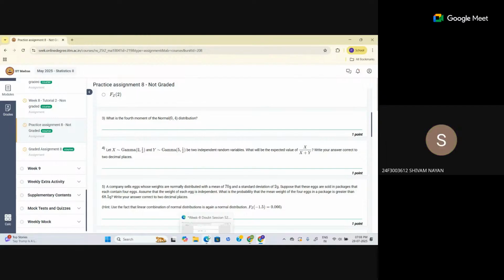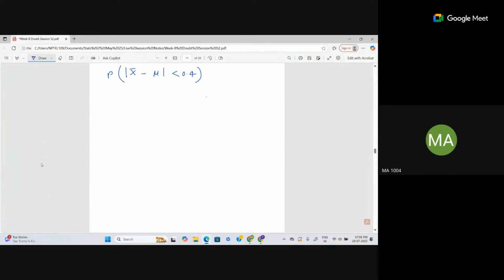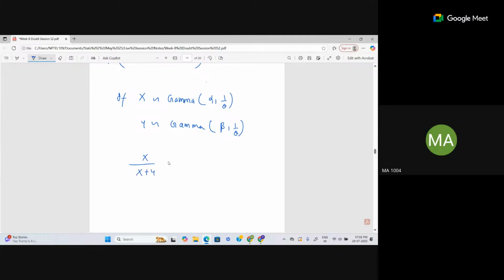How will you decide the parameters? The general thing is, if x follows gamma with parameters alpha comma 1 by theta, and y follows gamma with beta comma 1 by theta, then x upon x plus y follows beta with parameters alpha comma beta.